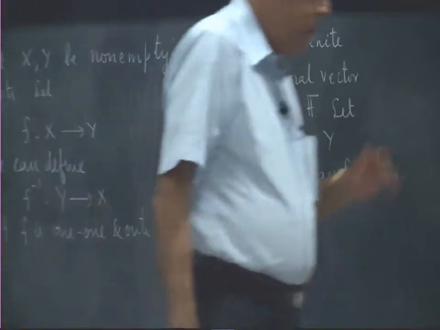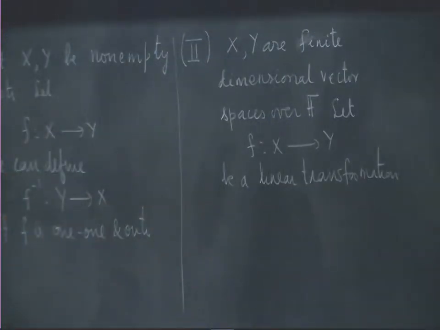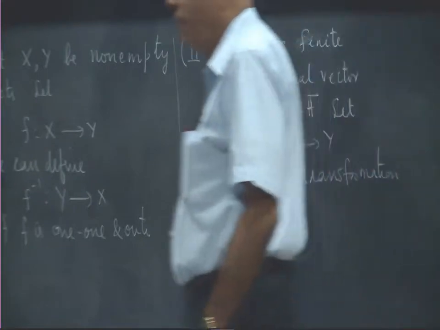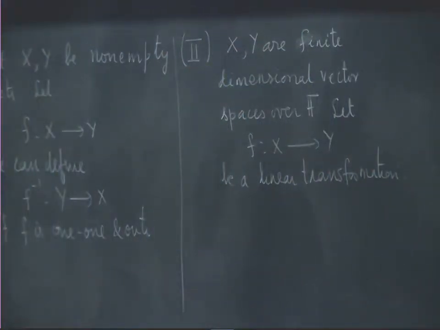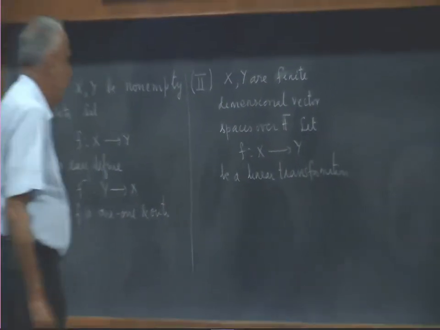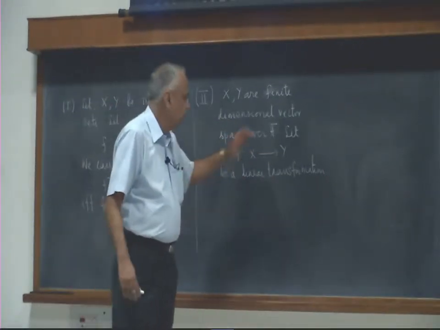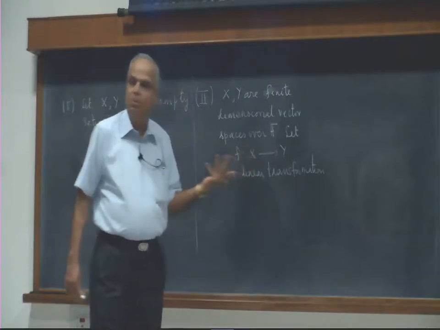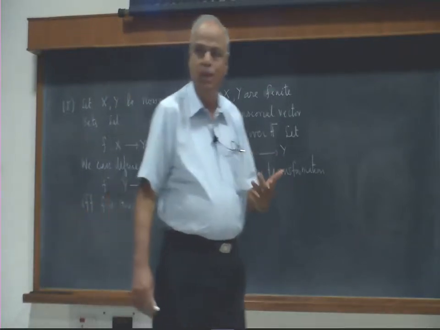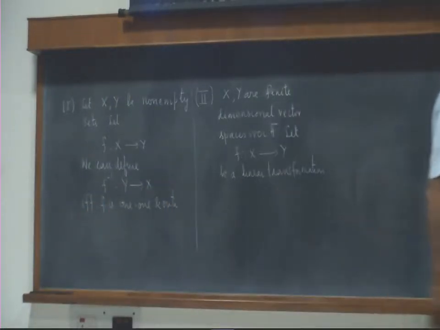Now I am looking at better structure for the domain and the codomain, namely vector space structure, and better structure for the function, namely linearity. So I am looking at a linear transformation from a vector space X to a vector space Y, and I would like to look at the inverse. Of course, even to start thinking about inverse, this must be one-one and onto, otherwise there is no question of even coming back from Y to X.